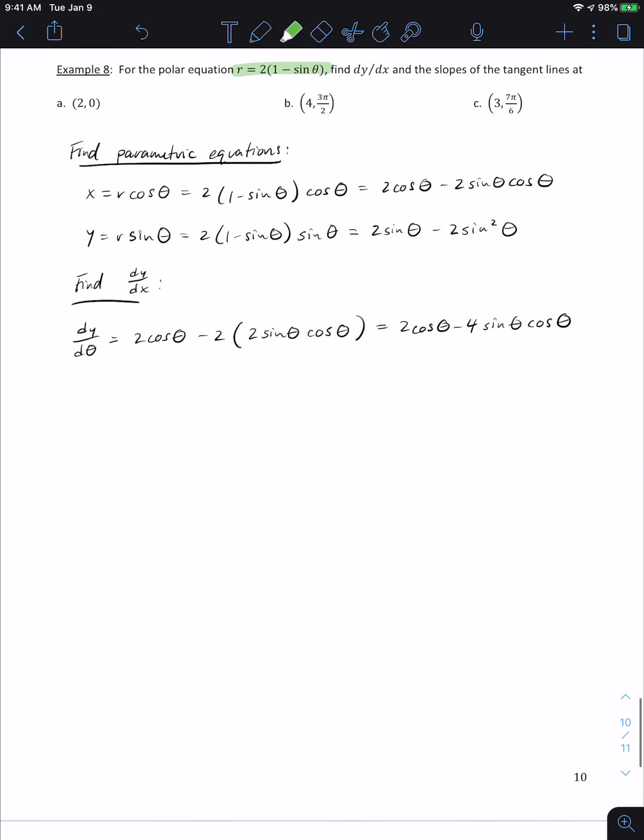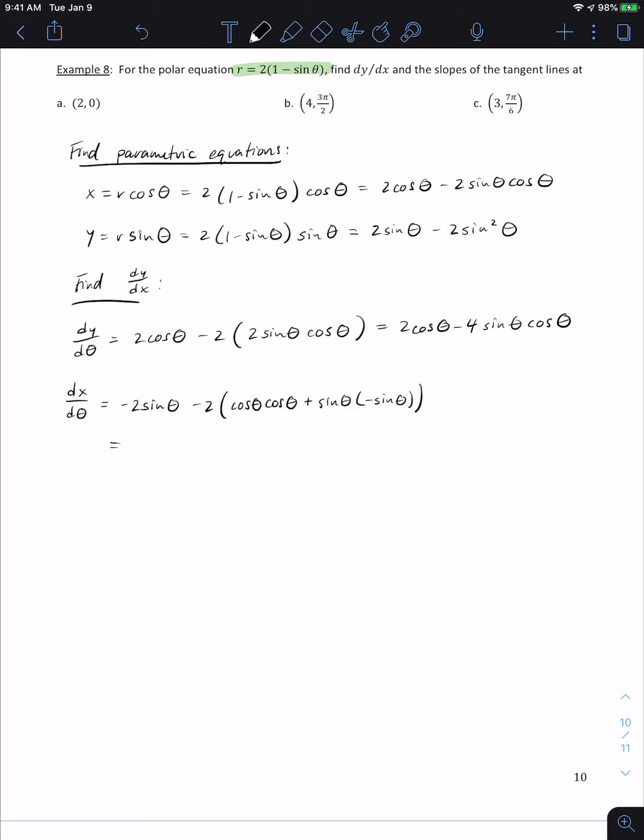Okay. So now that's my y derivative. Let's find my x derivative. dx d theta is going to be the derivative of cosine, so minus 2 sine theta, minus 2. Now I'm going to do the product rule. So cosine theta times cosine theta, plus leave sine alone times the derivative of cosine, which is minus sine theta.